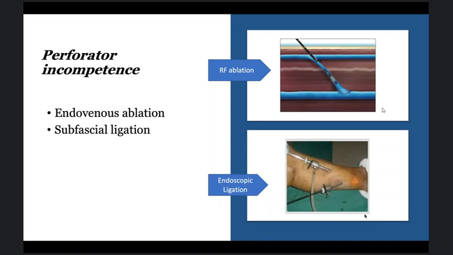We see the incompetent perforator and we ligate it, or we insert a radiofrequency catheter to obliterate it, or use stab avulsion. Okay, how to deal with the incompetent perforator? By either endovenous ablation or subfascial ligation or stab avulsion.